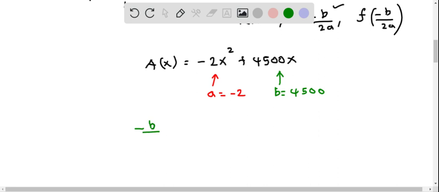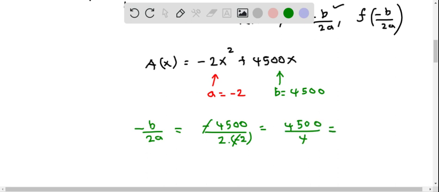Negative b over 2a equals negative of 4500 divided by 2 times a, which is negative 2. The negative and negative cancel, and this equals 4500 divided by 4, which equals 1125.